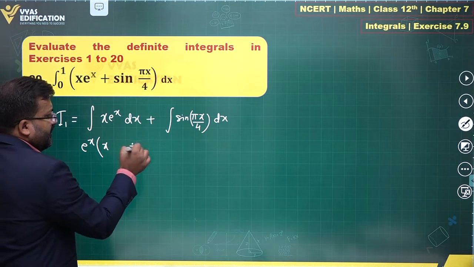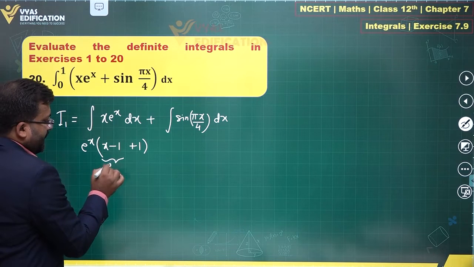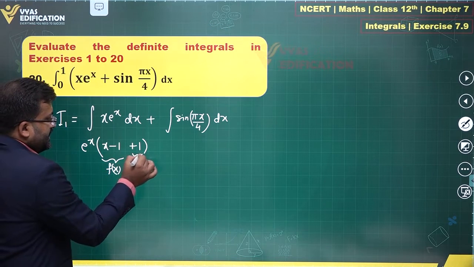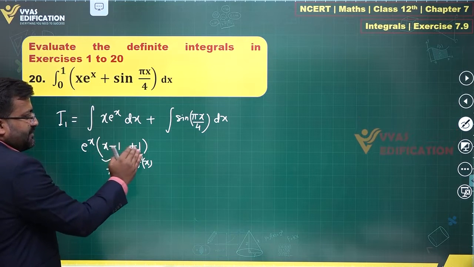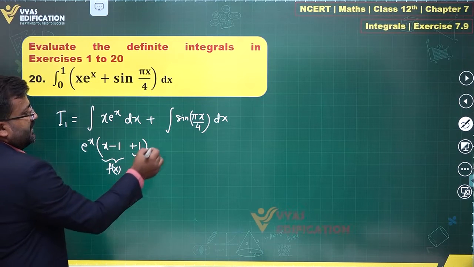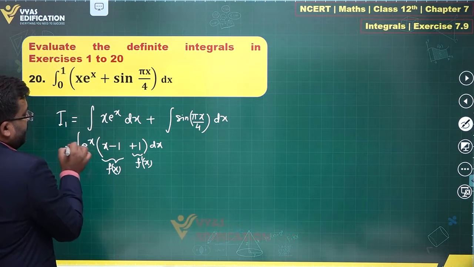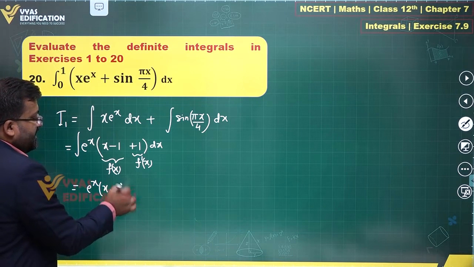So this will have derivative 1. Let's reduce a 1 over here. So you have fx, and do you see that you have f prime x as well? Yes. So if you integrate e power x times fx plus f prime x dx, this integral will be e power x fx, which is e power x times x minus 1.